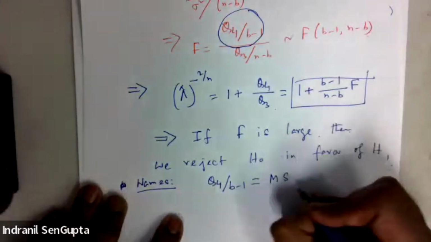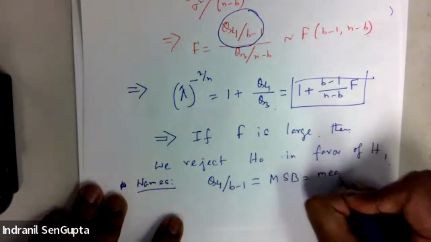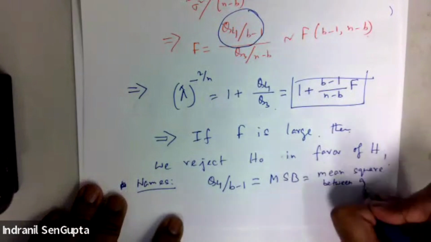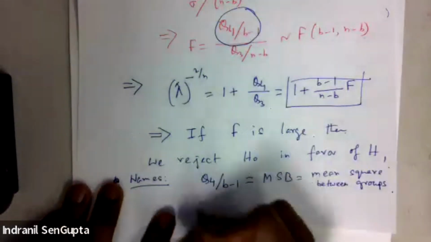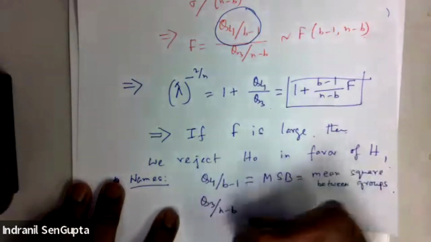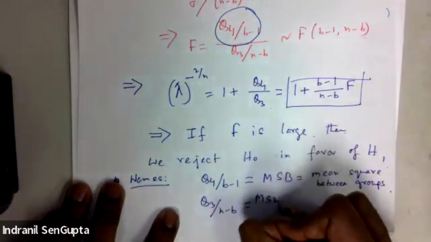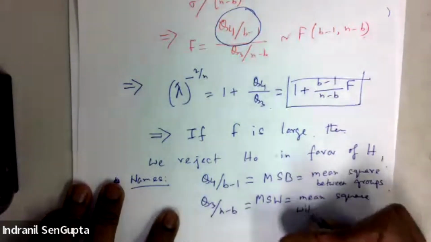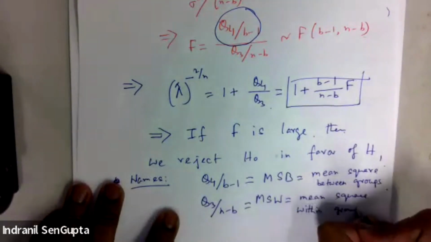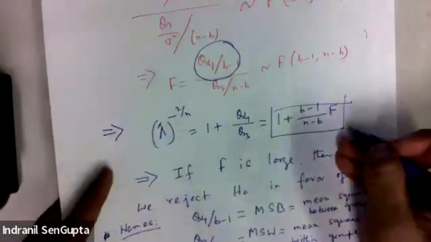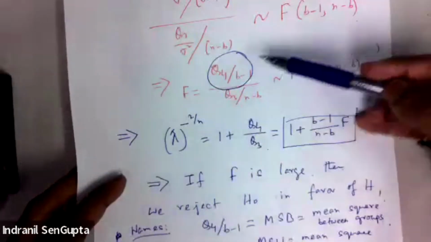the MSB, which is, in other words, the mean square between groups. And this Q3 over n minus b is called the MSW, which is the mean square within groups. Essentially, this F, the quantity F that we wrote here, is the quotient of the MSB and MSW.